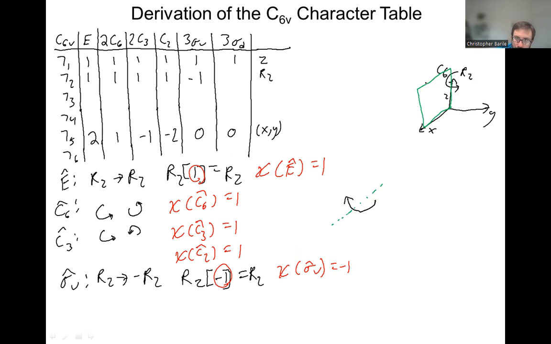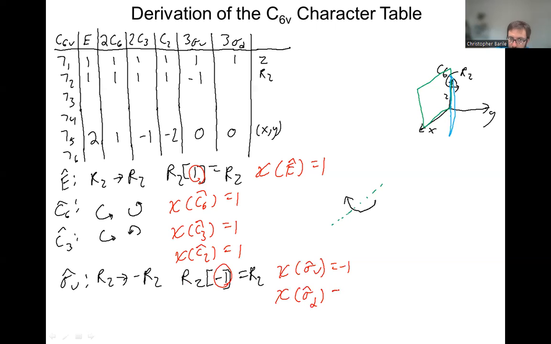Okay, and then what about with the sigma d? Well, the exact same sort of logic is going to happen. It's a little hard to see here, but it's cutting the rotation vector in half. So the same thing's going to happen, where we get the swapping of the heads and the tails.